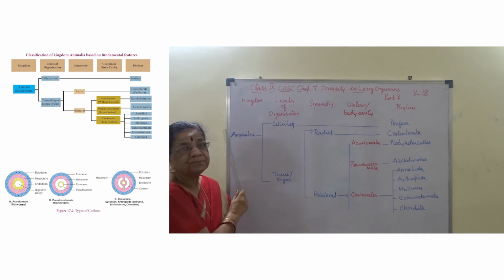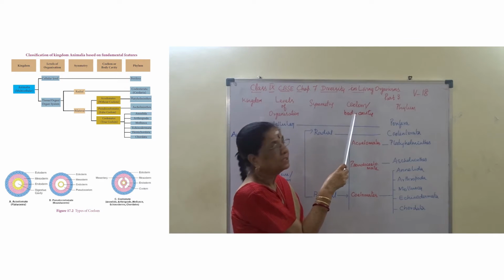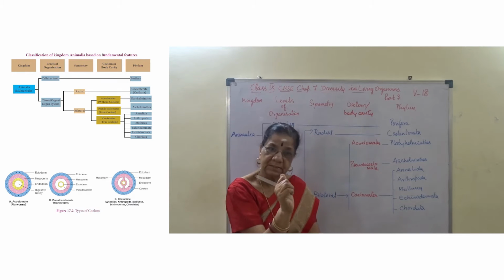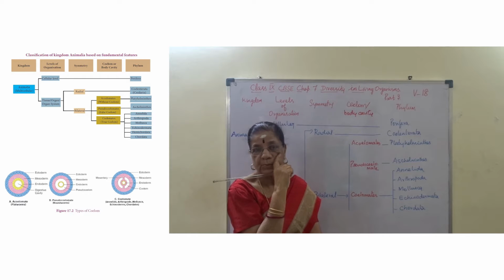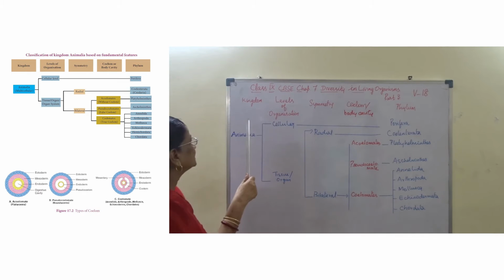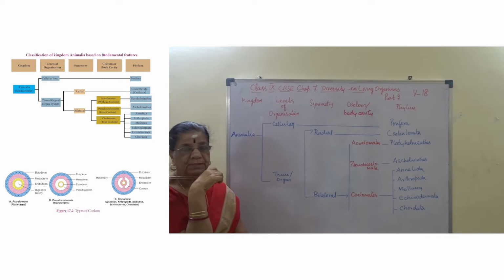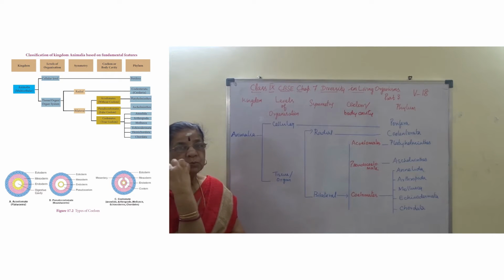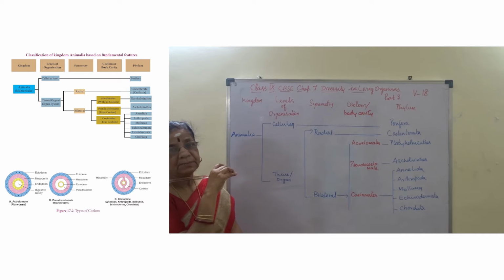First it is kingdom, and then level of organization, symmetry, coelom or body cavity, and then phylum as animal, phylum singular, phyla plural. Now the first one, kingdom Animalia: all the animals which show movement from place to place, possessing locomotory organs and characteristic features, are classified under kingdom Animalia.